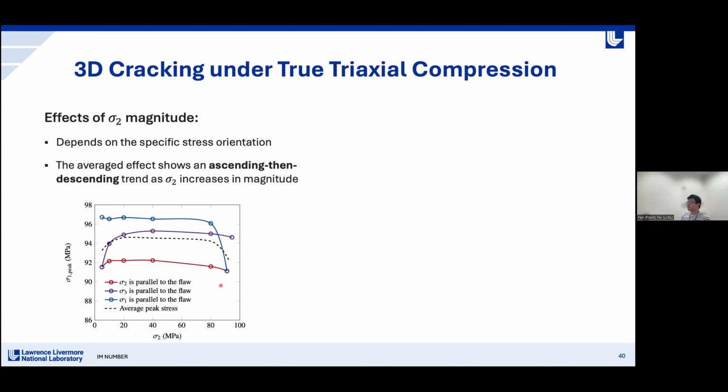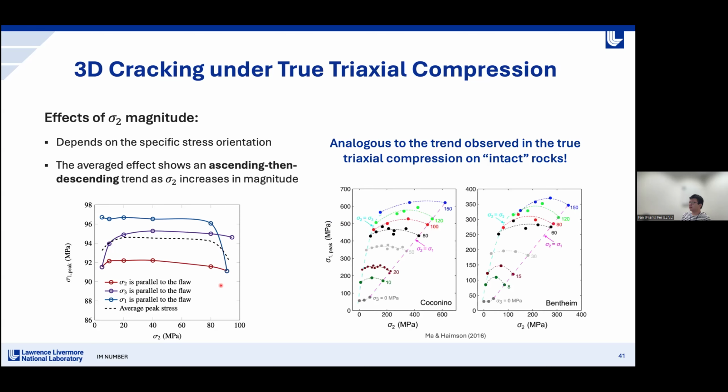It's a very interesting observation, as this average trend is exactly something that was observed in the experiment, where the peak stress of the pseudo intact rock under true triaxial compression also increases and then decreases as the intermediate principal stress increases in magnitude.